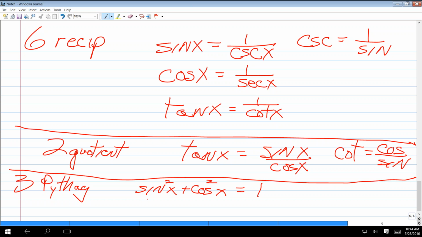And there's only one more you have to memorize, involving tangent squared. What's the rest of this one? Tangent squared plus 1 equals secant squared. Okay? Notice how much different it looks.